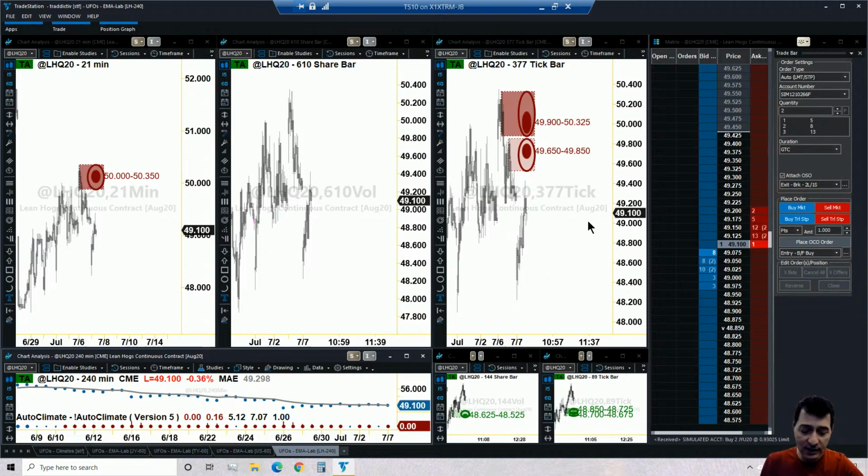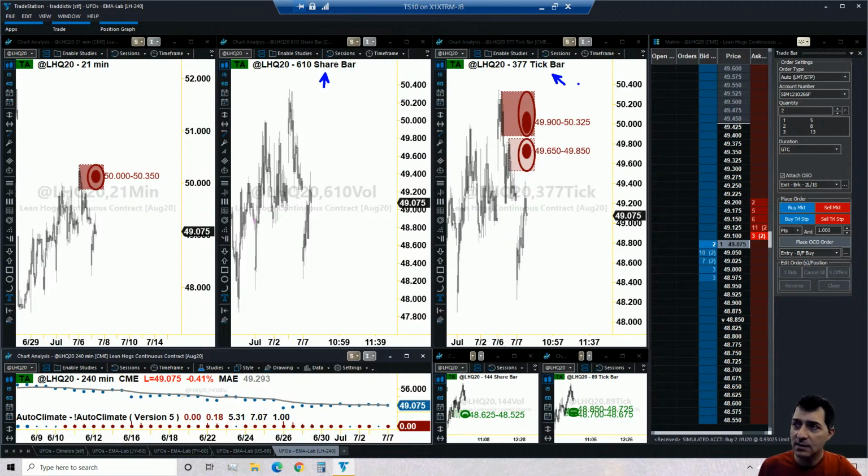Again, in this particular market, given the fact that we're using the 240-minute climate combined with a 21-minute time frame, everything is slower. Okay, so it takes more time, but still remember, especially the time frames on the right, share bars and tick charts, those are time frames where those candles are not depending on time, they're depending on trading activity.